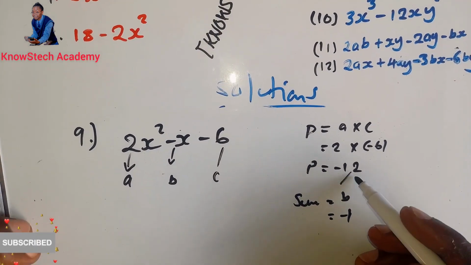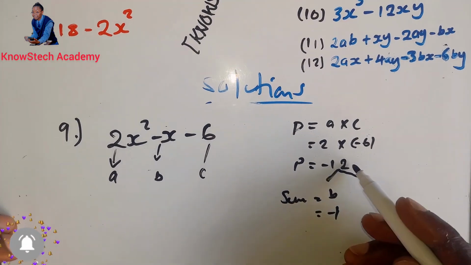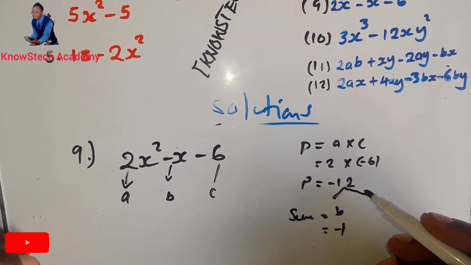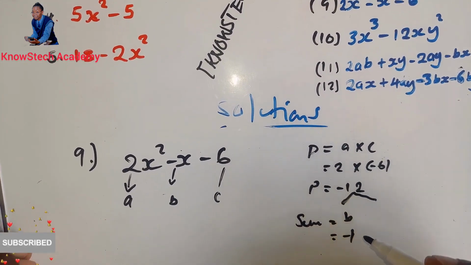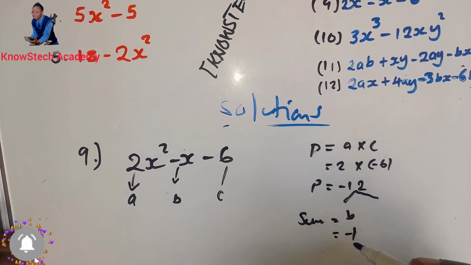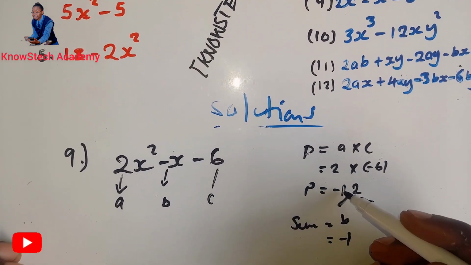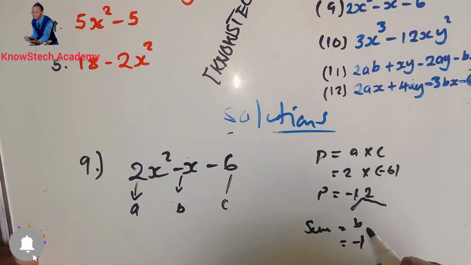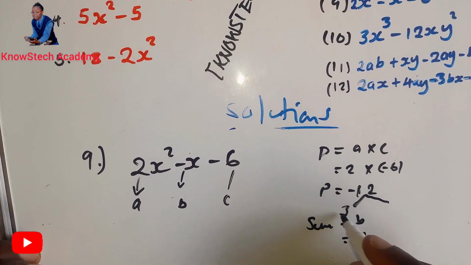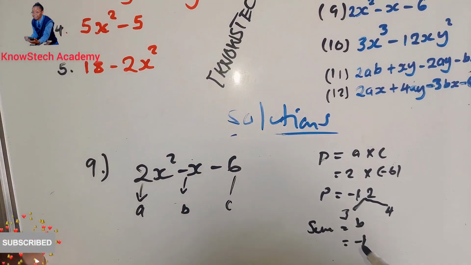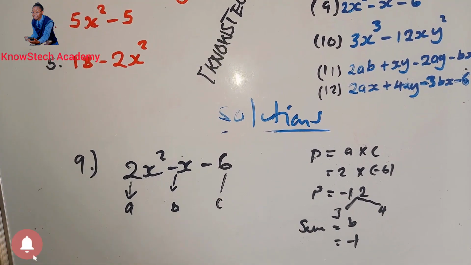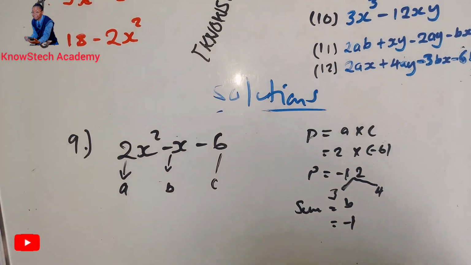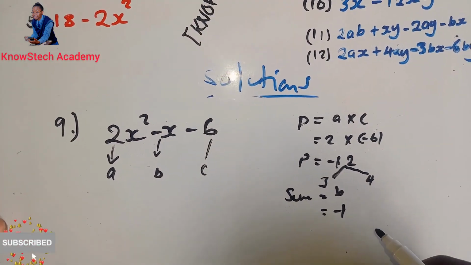So we look for 2 factors of negative 12. When you multiply them, they should give us negative 12. Then when you add them, it should give us negative 1. So we have 3 and 4. Now we use the searching method when you reach this stage. Now, which one should be negative?